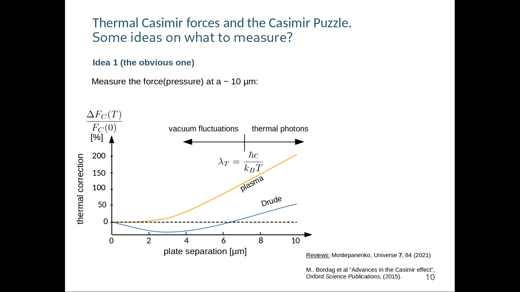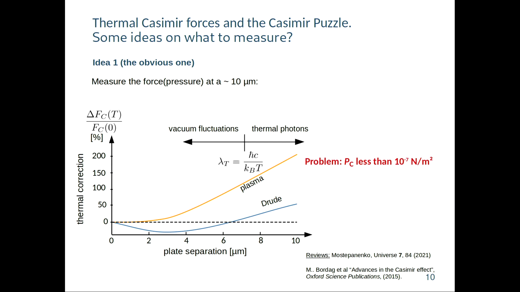So in the range where most of the experiments happened, actually you just have more or less vacuum fluctuations. Only at larger separations, most of the Casimir force is given by thermal photons. So this is also the range where we actually don't know what's happening between the two models.